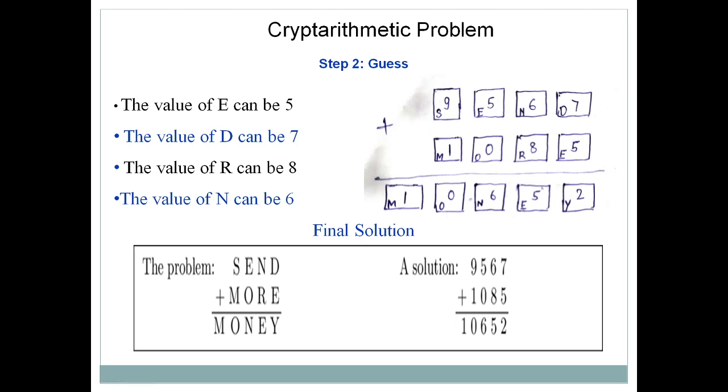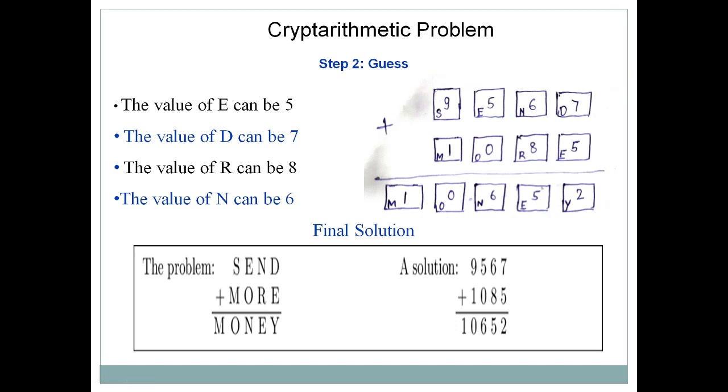So how do we make a guess over here? From this I come to know that the value of n plus r should be greater than 10, so that carry 1 can be generated. Suppose that value is not greater, then carry could not be generated. So the value of n plus r should be greater than 10.